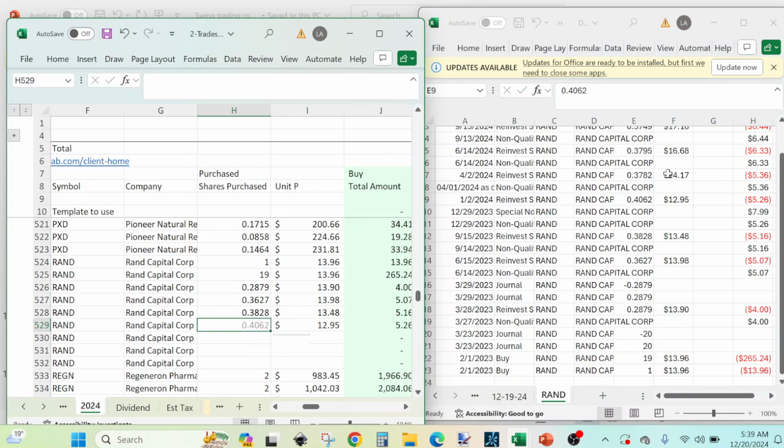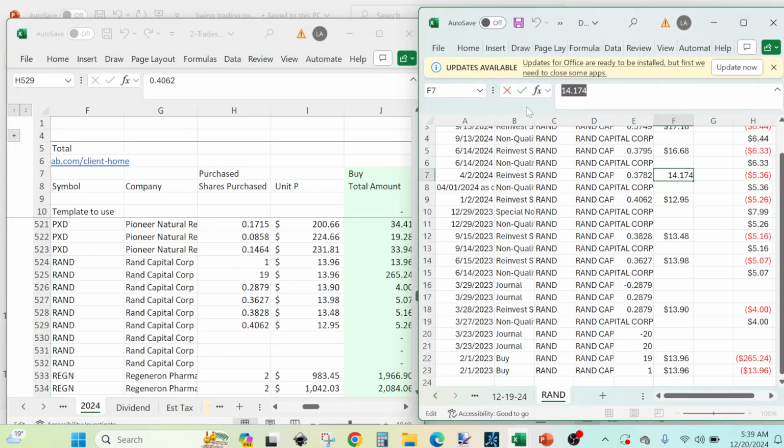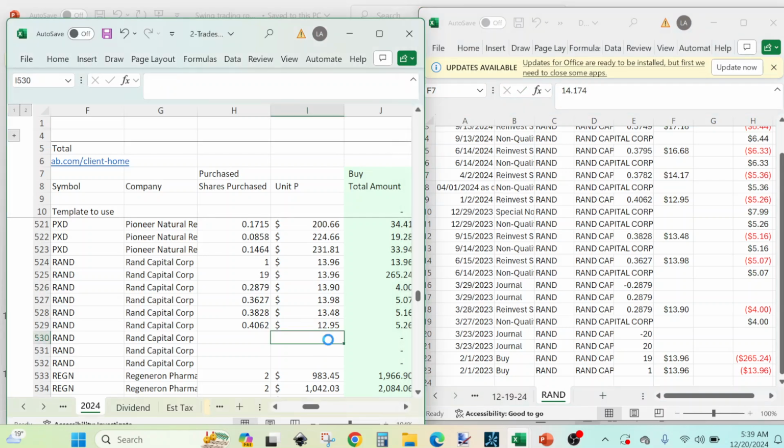And the next one, the price went up a little bit per share.